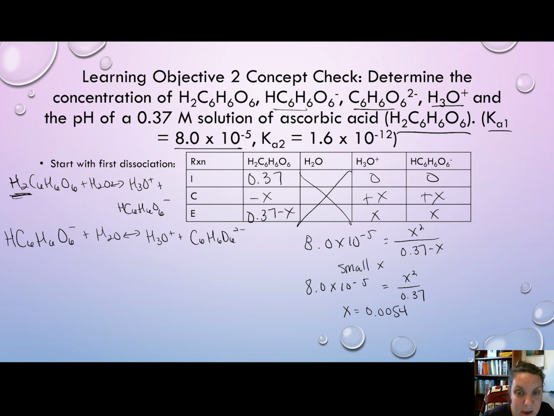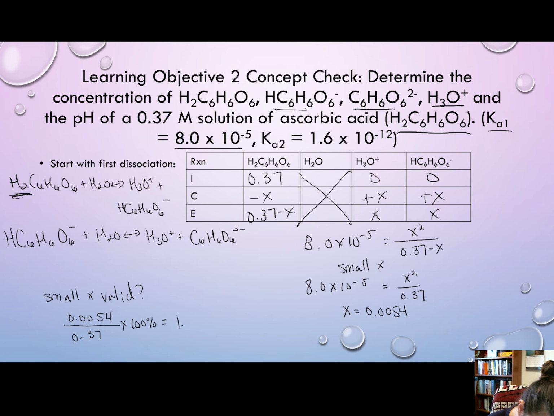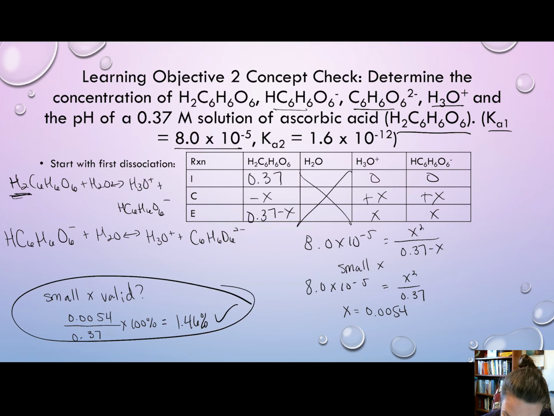We can check and make sure that our small x is valid, so we're just going to do a quick small x verification, if you will. So we could take our 0.0054, our x value, divided by our initial ascorbic acid concentration, times 100, and we get a value of 1.46%. So we verified our small x. So there is the x from our very first dissociation.